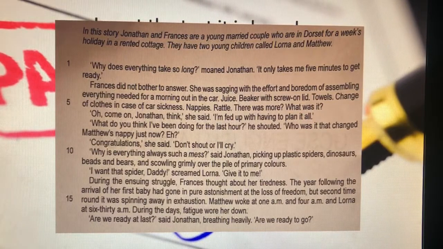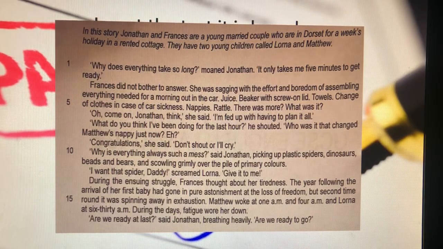"Why does everything take so long," moaned Jonathan. "It only takes me 5 minutes to get ready." Frances didn't bother to answer. She was sagging with the effort and boredom of assembling everything needed for the morning out in the car. Juice, beaker and screw-on lid, towels, change of clothes in case of car sickness, nappies, rattle. There was more. What was it? "Oh, come on, Jonathan, think," she said. "I'm fed up with having to plan it all." "What do you think I've been doing for the last hour?" he shouted.